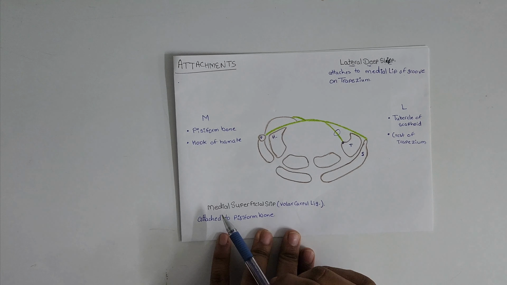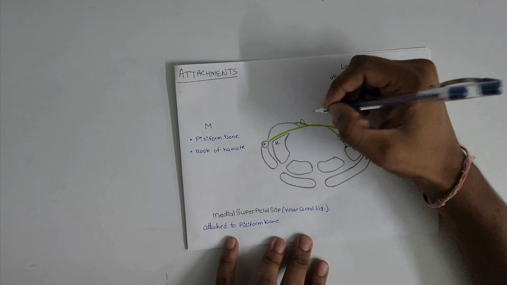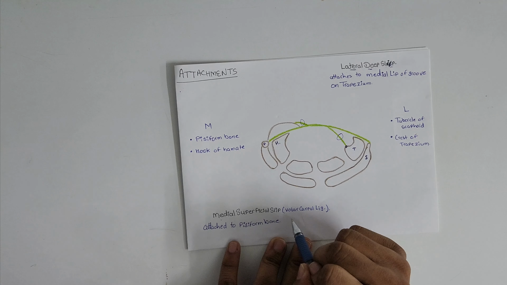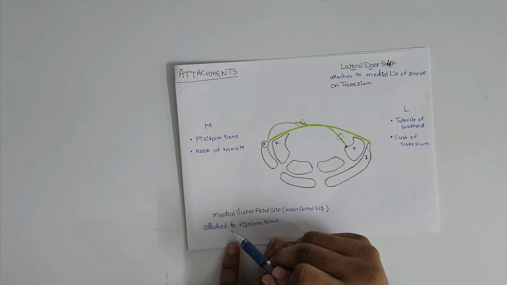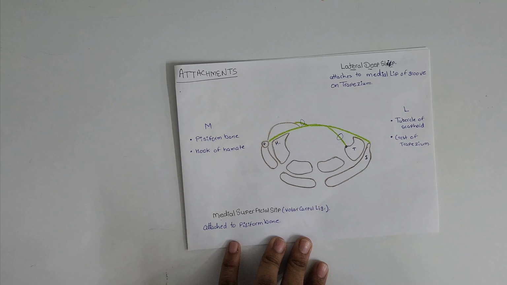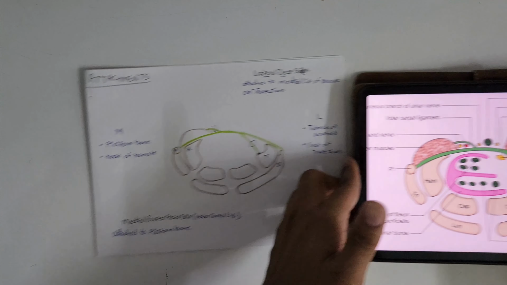In the same way, there is one more outgrowth which they called the medial superficial slip, also known as the volar carpal ligament. It is attached to the pisiform bone.